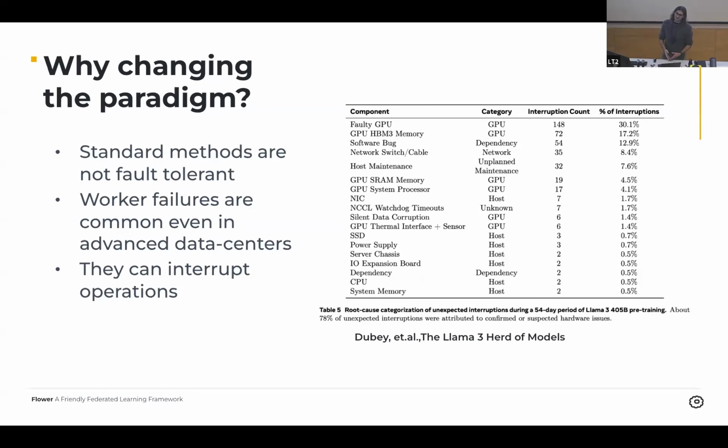Another aspect of the motivations for changing the paradigm is related to fault tolerance. Why do I mention fault tolerance, even though it was never a problem up to now, right? Well, it's always been a problem. In particular, because when you train a very big model, it takes a lot of time and also a lot of resources, not just energy, but also financial resources.